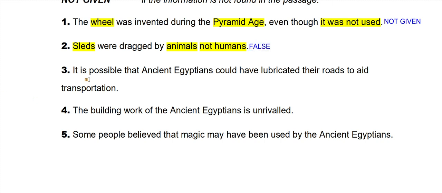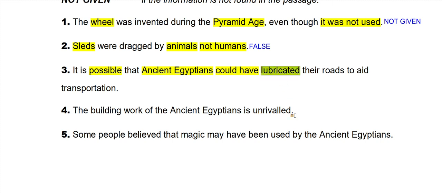Moving on to the next one. It is possible that ancient Egyptians could have lubricated their roads to aid transportation. So the question is saying, when the answer will be true, when it is possible that ancient Egyptians could have, meaning to say we are not sure they have done this, but they could have done this.